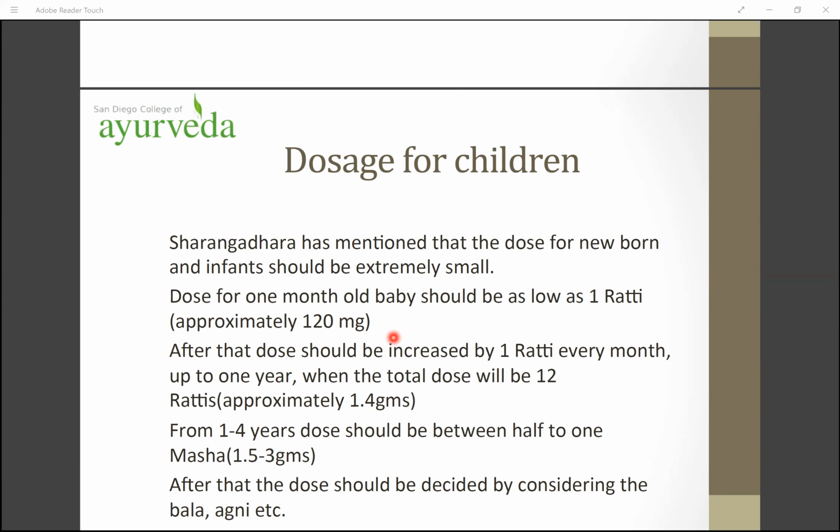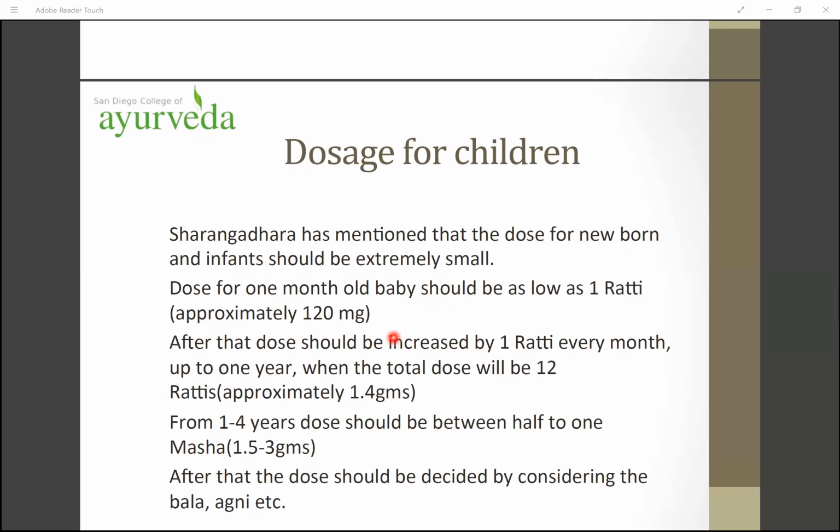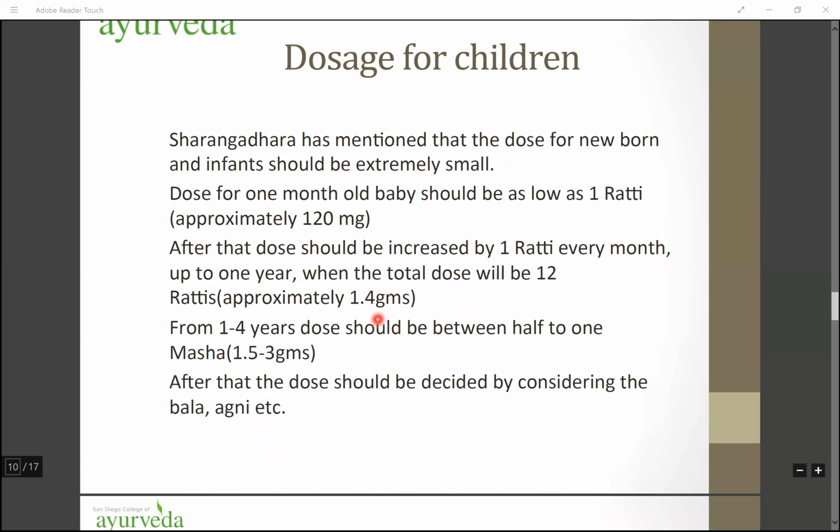You slowly keep increasing it till the child is 1 year old. Once the child is 1 year old, you need to stop increasing the dosage and stabilize it. It should be approximately 1.4 grams, right?